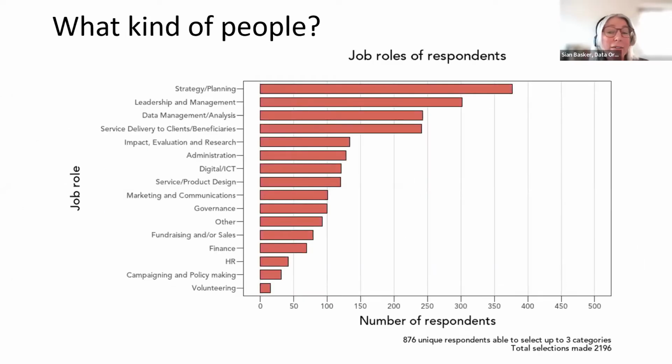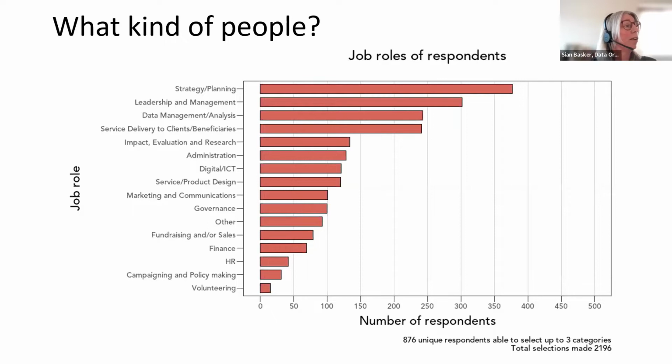When it comes to the kinds of people who are using it, there's a real diversity. The biggest users tend to be people working in strategy and planning and leadership and management areas. Unsurprisingly, there are lots of data management and analysis role people using it.